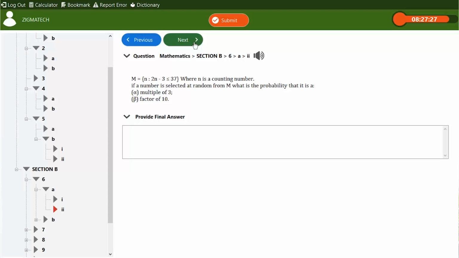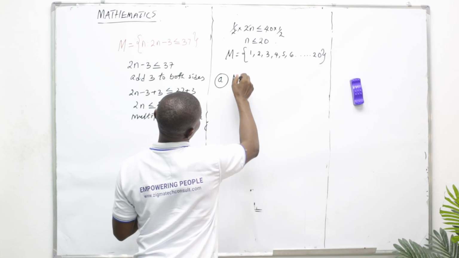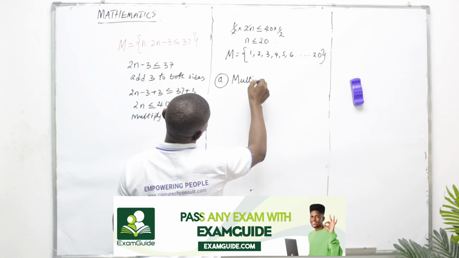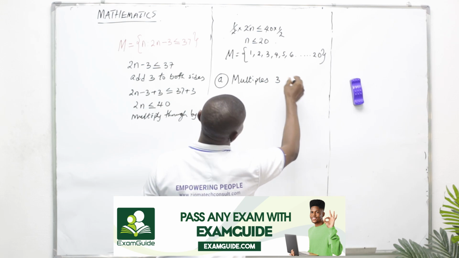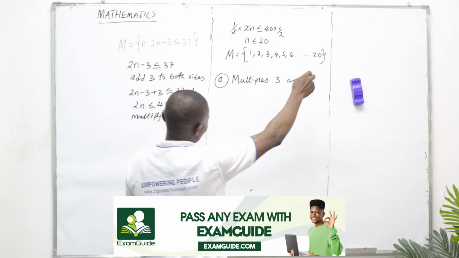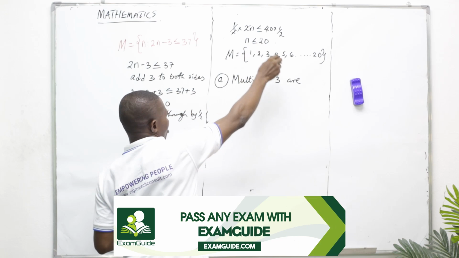You can see it has exceeded. So you are going to stop at 18. So for multiples of 3, you have to focus on this. It's not about what you know before, it's all about what you have.